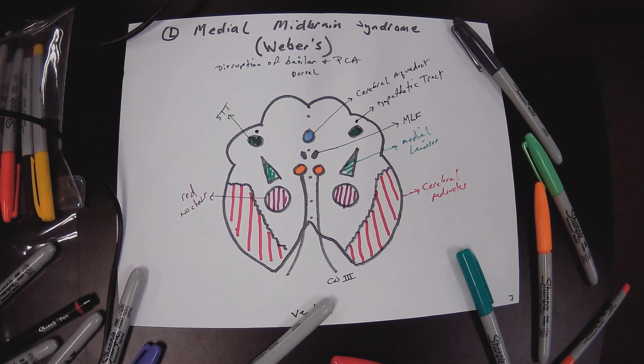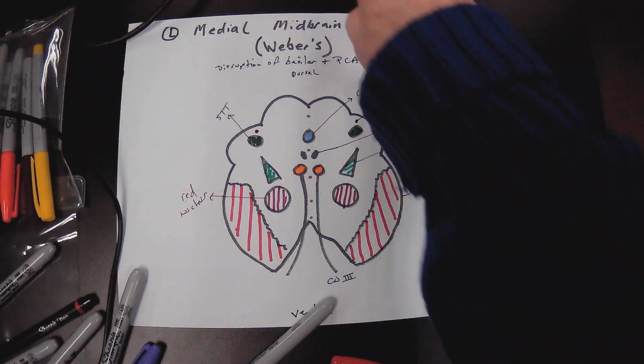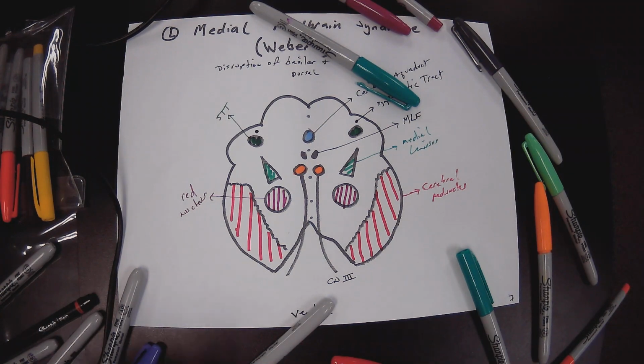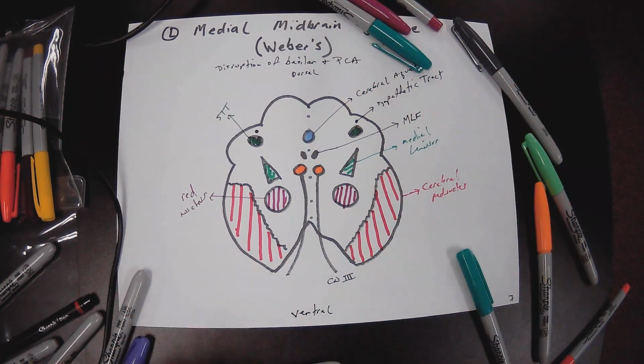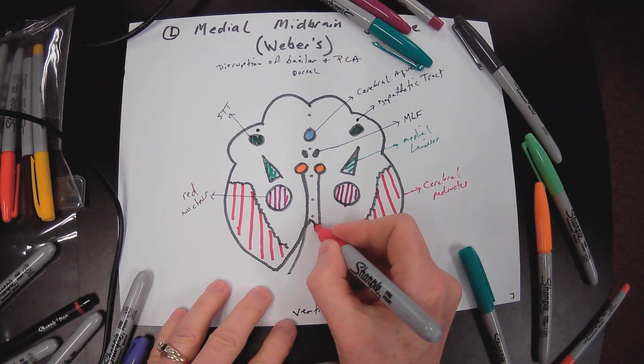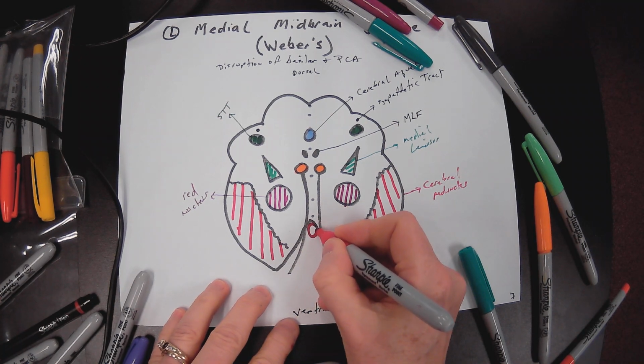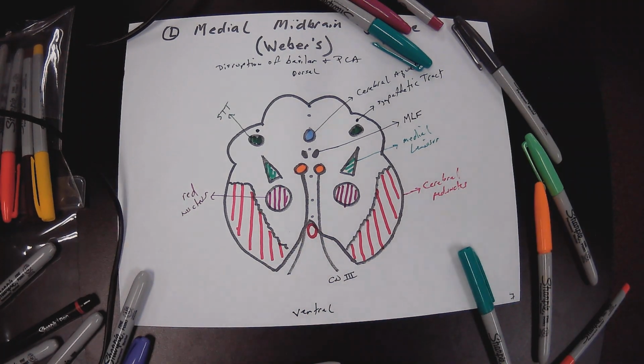Nothing new yet, just going through labeling some structures that we've talked about previously. And we also talked about coming up the middle, there's going to be a partial disruption of either basilar here in the middle or coming off the basilar, the PCA.